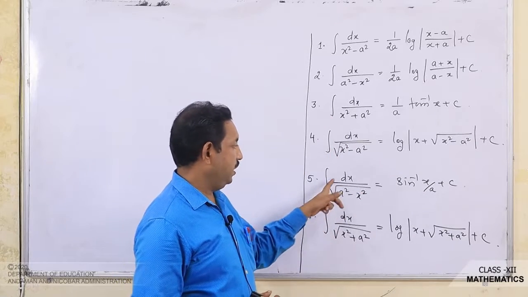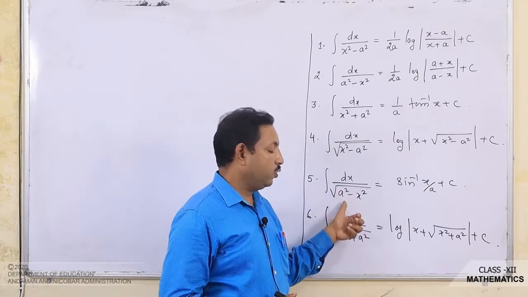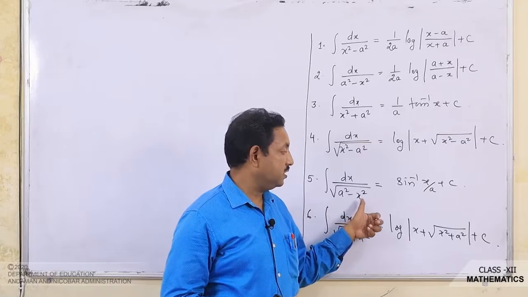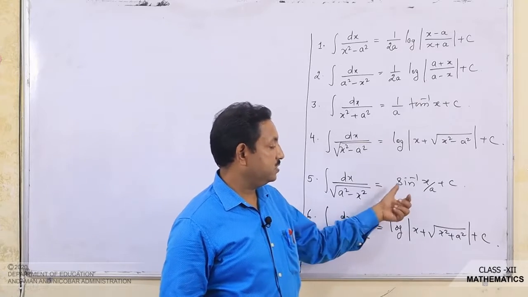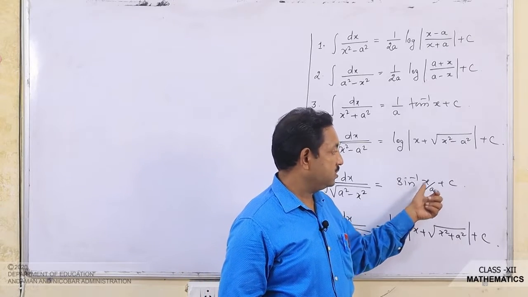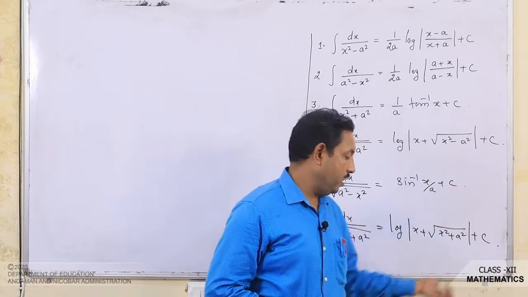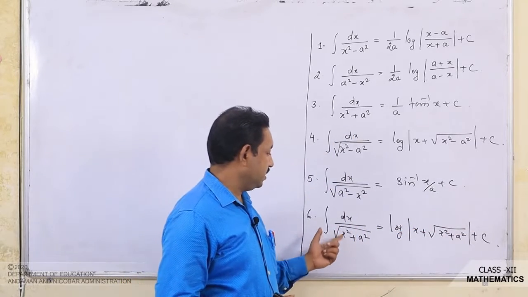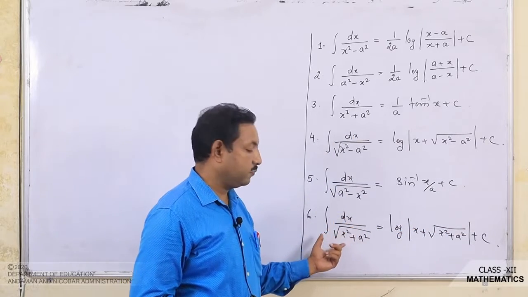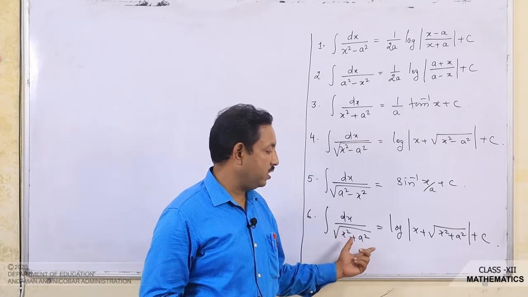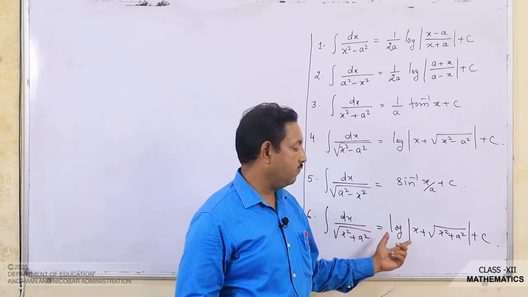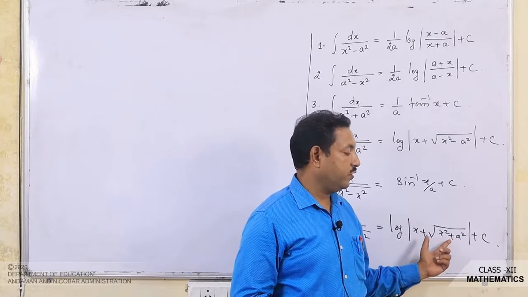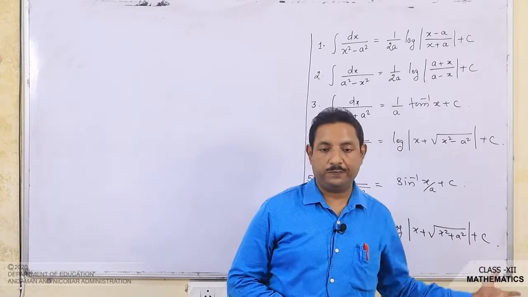Number 5, integration of dx upon under root of a square minus x square gives us sin inverse x by a plus c. And finally, number 6, integration of dx upon under root of x square plus a square is equal to log of x plus under root of x square plus a square plus c.